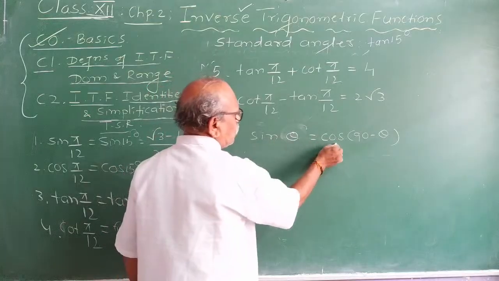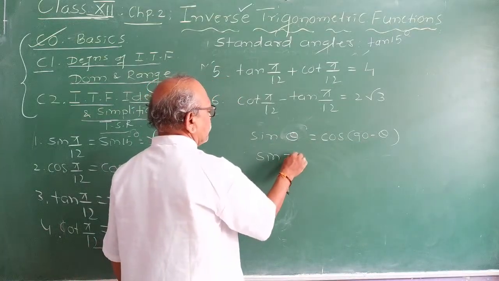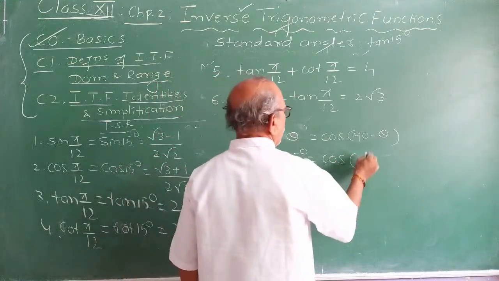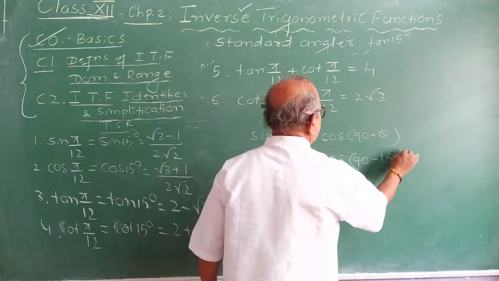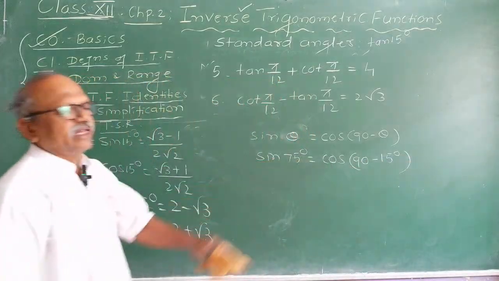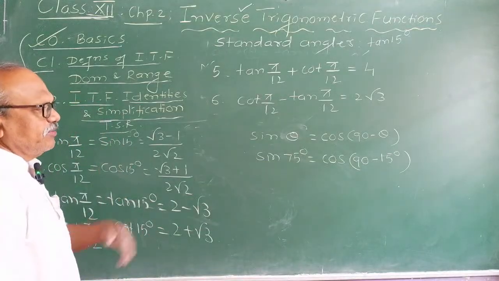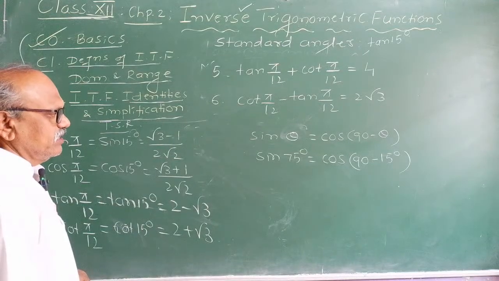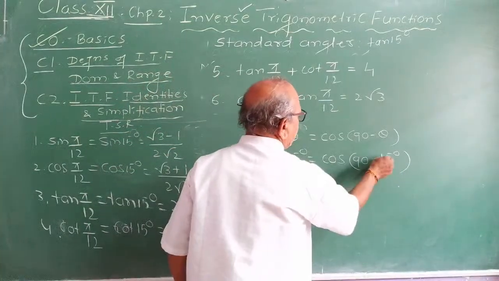If I take sine 75 degree, can I write it as cos 90 minus 15 degree? Check. Is 75 degree can be written as 90 minus 15? 90 minus 15 is 75.